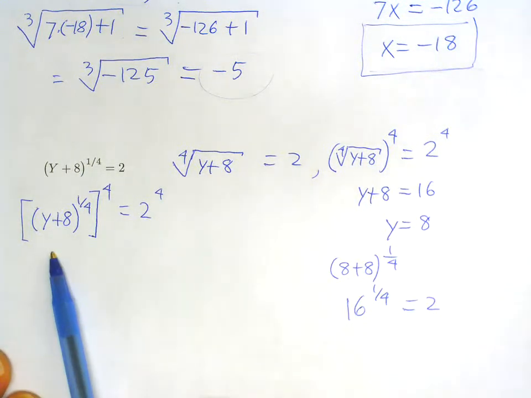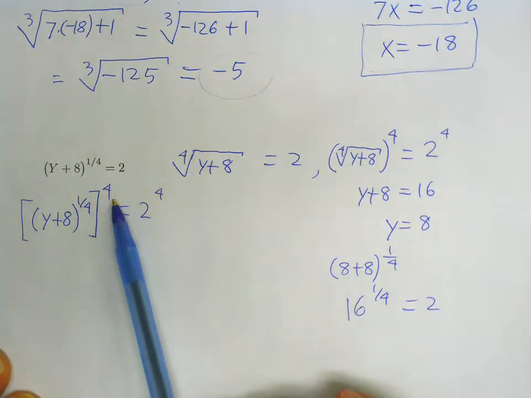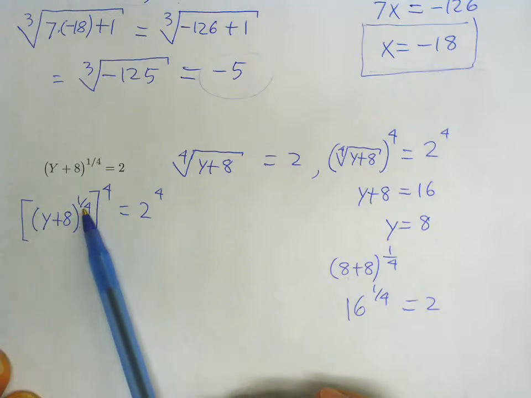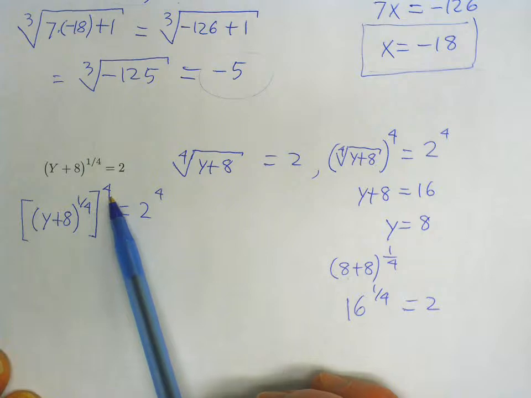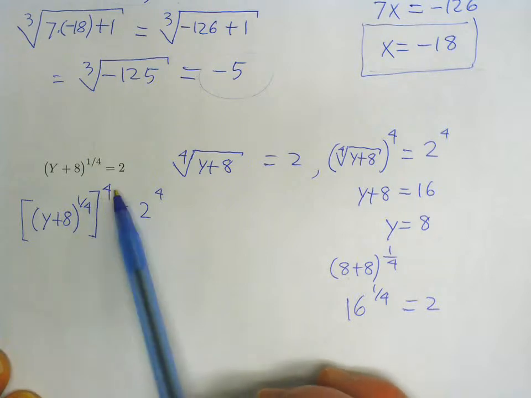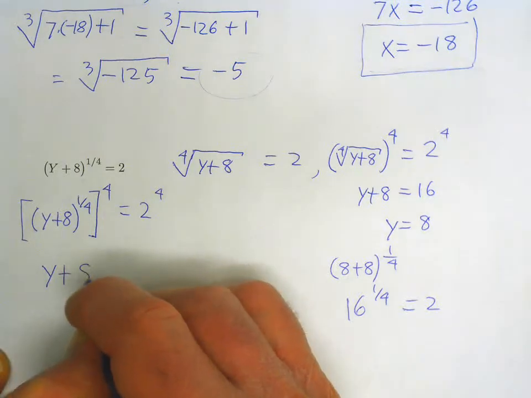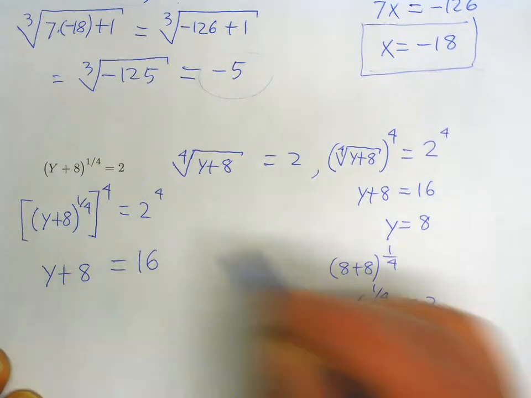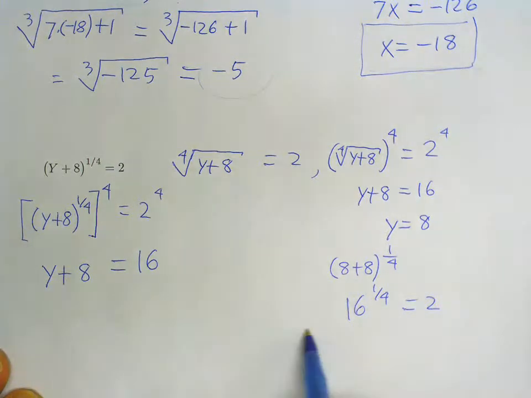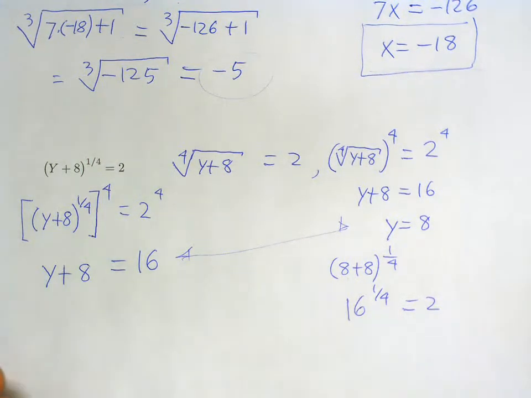One of the properties of exponents that has come up a number of times in recent days: if you have something raised to an exponent, and that entire term is raised to an exponent, you can just multiply those exponents. 4 times 1/4 is 1, so this just becomes y plus 8 to the 1st, or y plus 8. And then 2 to the 4th is 16. Then subtract 8 from both sides, you get y equals 8. So either way is okay.